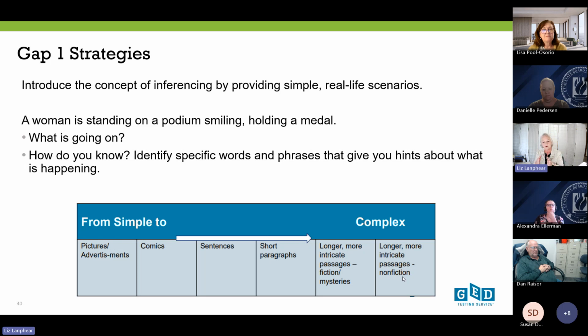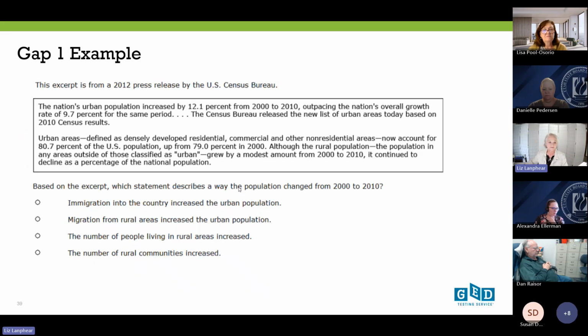So just move them gradually, start where they're at. And if they're not reading well, teaching inferences is hard. If you were to jump into a hard passage of nonfiction, so start with doing these smaller inferences and just teaching that skill.